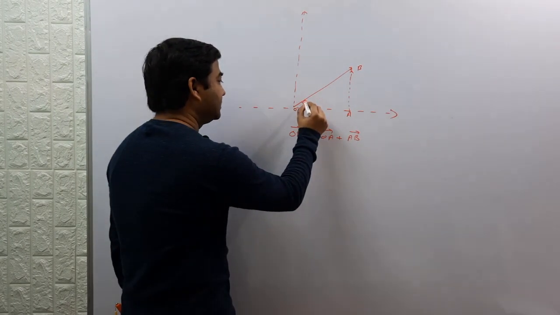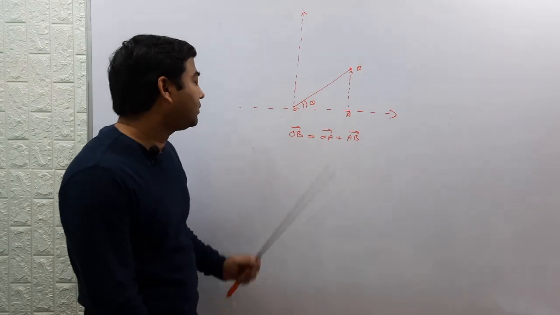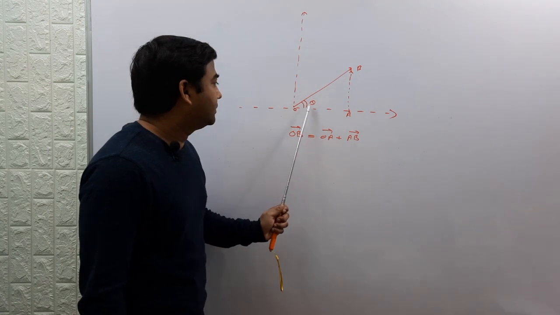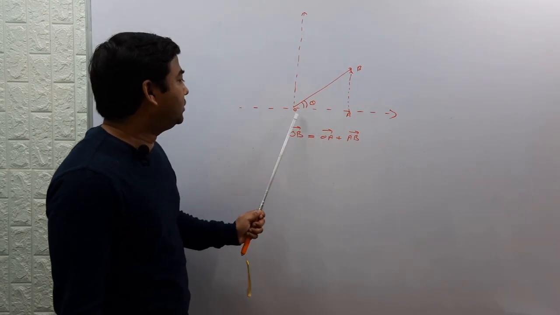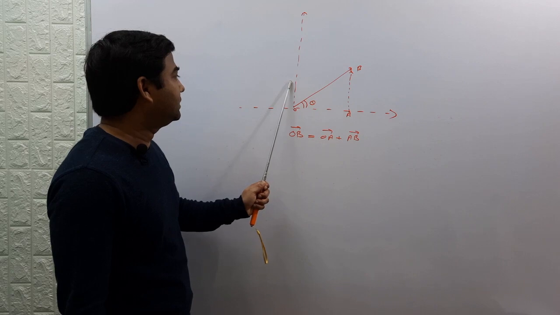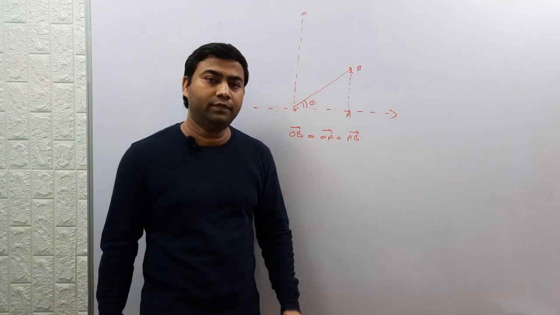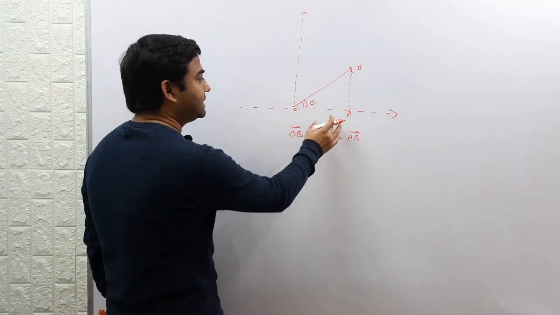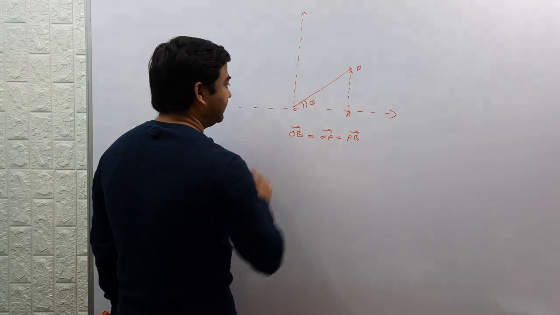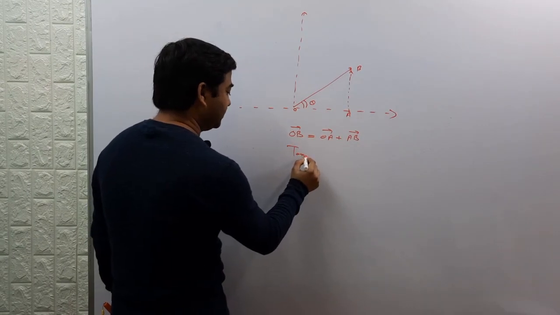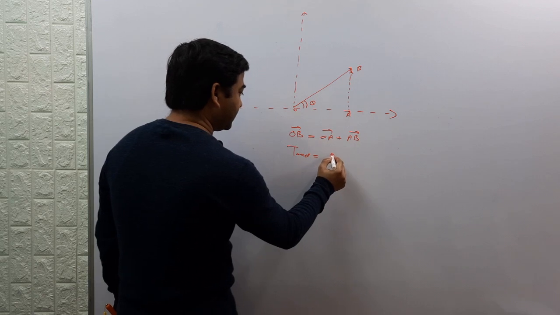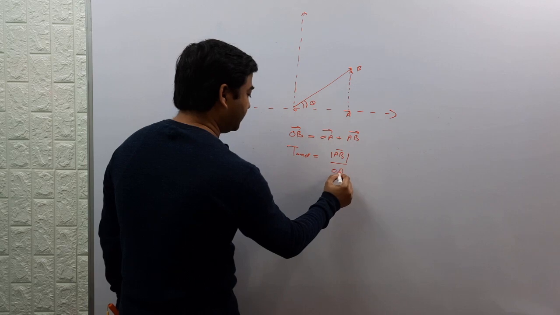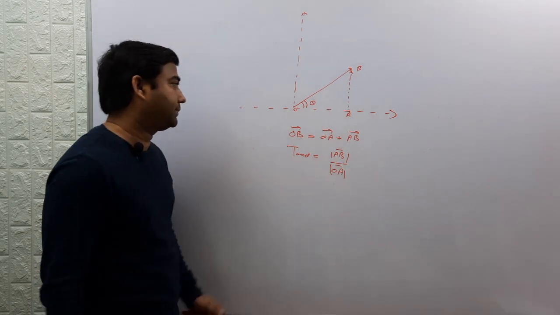and let this angle be theta. So for a given vector in a direction theta and perpendicular to this given direction, there will be only one combination of components whose resultant will be equal to this given vector. So from this we see tan theta is equal to mod of vector AB divided by mod of vector OA.